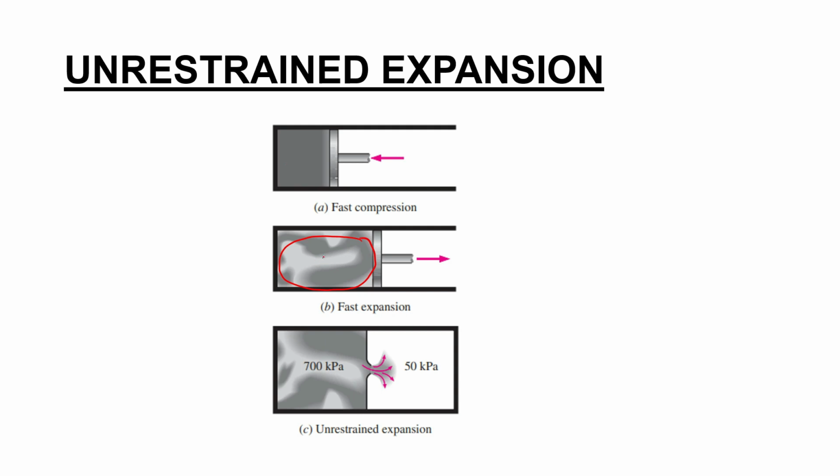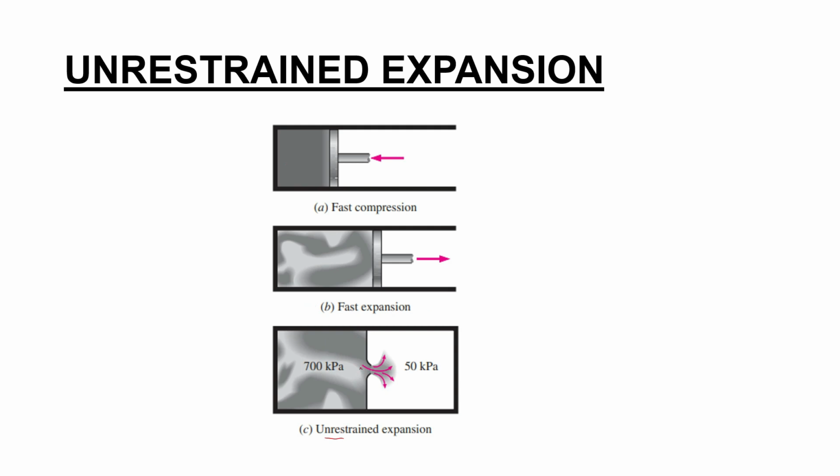This is a non-equilibrium process. So this is a fast expansion. And then you have the unrestrained expansion. This is another reason. So fast compression is one reason, fast expansion is another, then you have the unrestrained expansion.